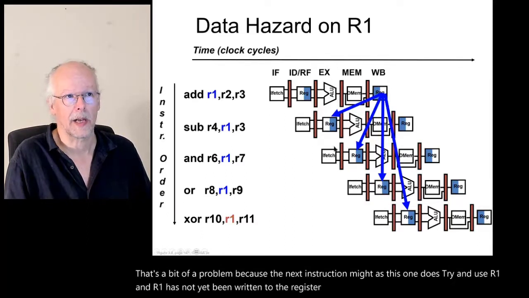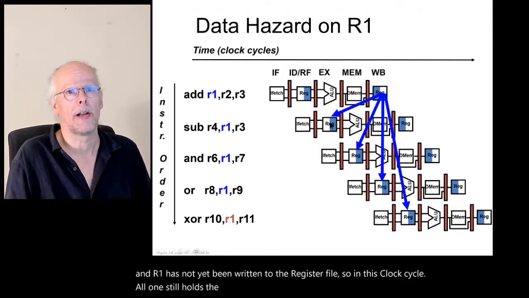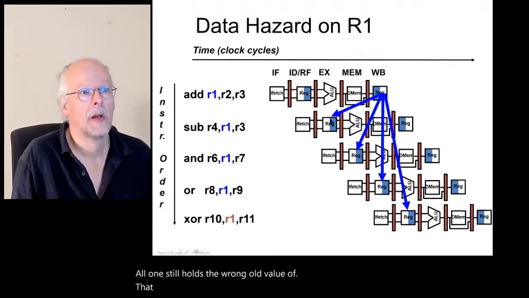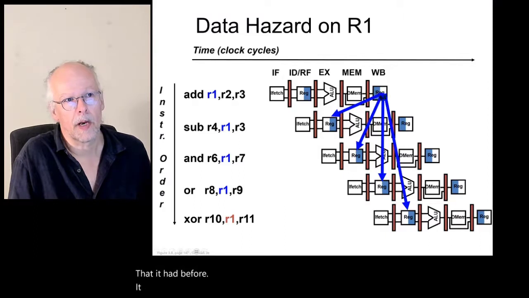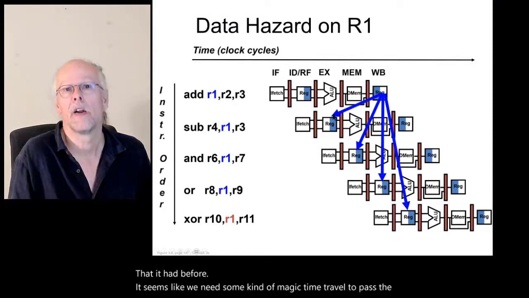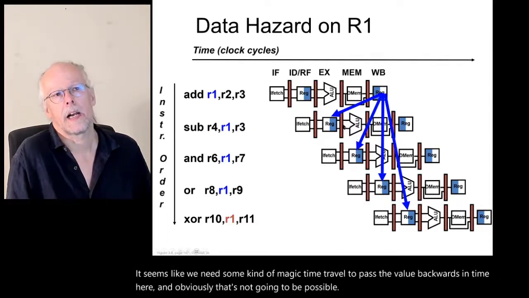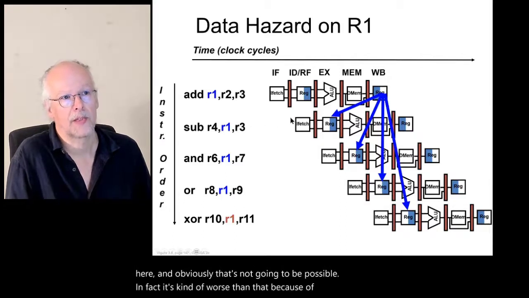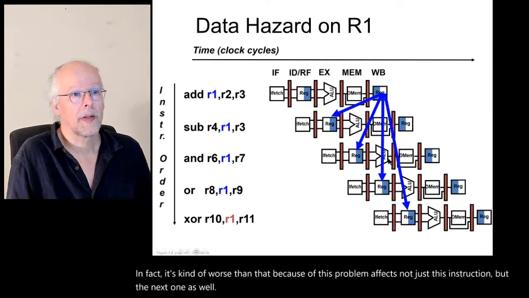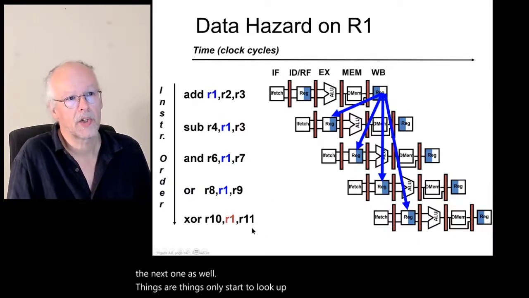So in this clock cycle, R1 still holds the wrong, old value that it had before. It seems like we need some kind of magic time travel to pass the value backwards in time here. And obviously that's not going to be possible. In fact, it's kind of worse than that because this problem affects not just this instruction, but the next one as well. Things only start to look up here and potentially here.